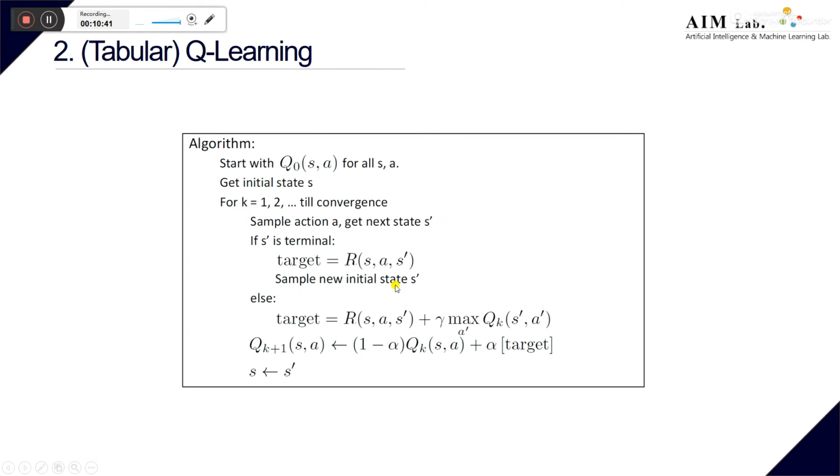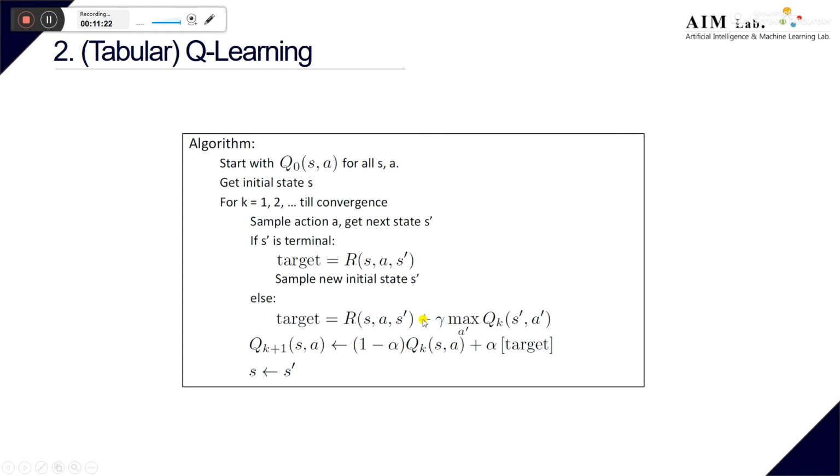Otherwise, if S prime is not terminal, the target is the sum of the current reward and the discounted maximum of Q_k. This is updated to the next Q value. Also, the current state S is updated by S prime, the next state.